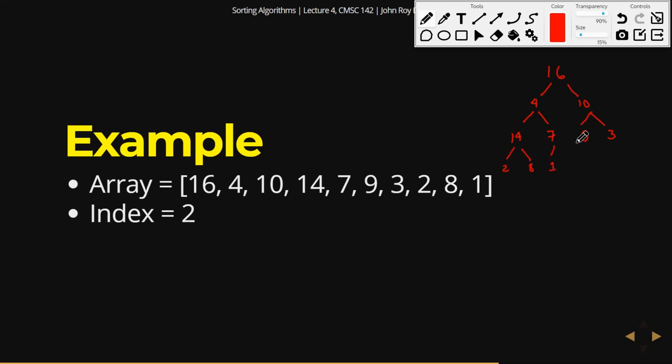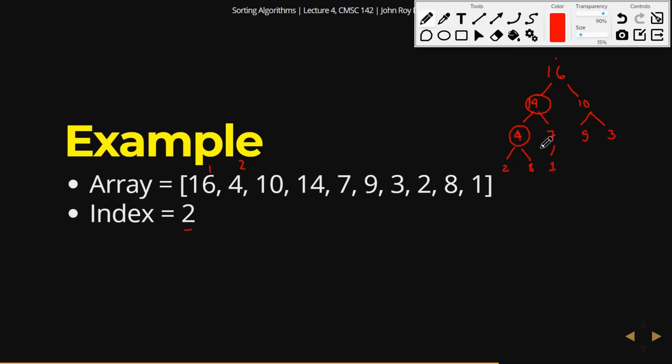Okay, so this is index 1, and this is index 2, so we'll call it here. Among 4, 14, and 7, which one is the biggest? That would be 14. So 14 should be here, and 4 should be swapped here, right? But since we swapped it here, we have to call max heapify here again.